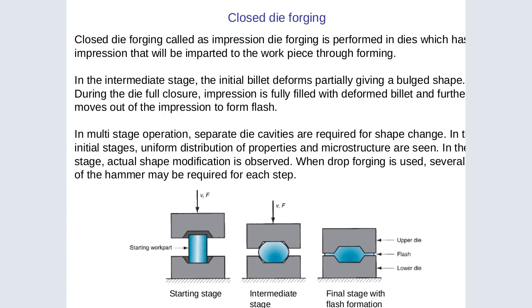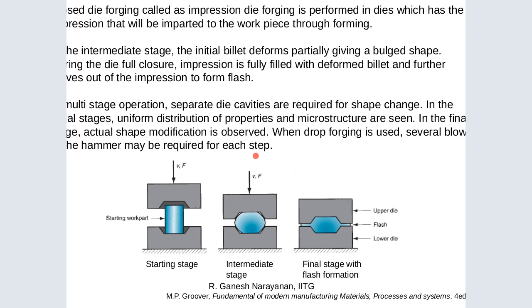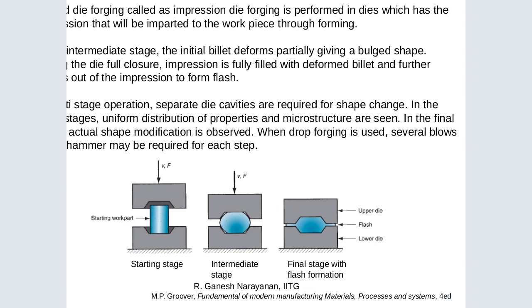In the closed die, we have the upper part closed in a certain way, and the lower part also closed in a certain way. So you can see the intermediate shape, and we can see now the final stage with the flash formation. So this one has a flash formation, meaning some material will go to the flash, meaning will go to the left space outside there.